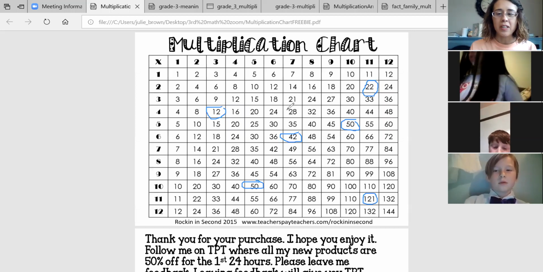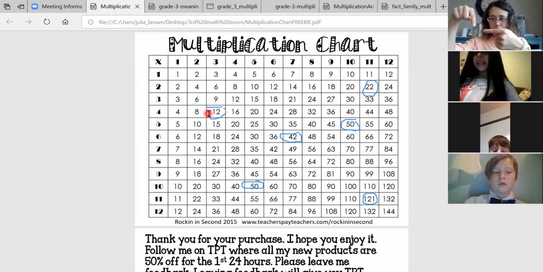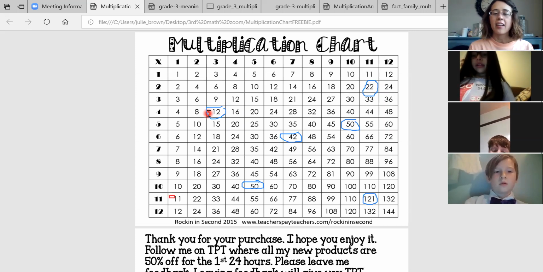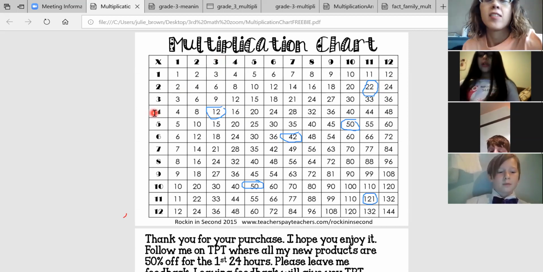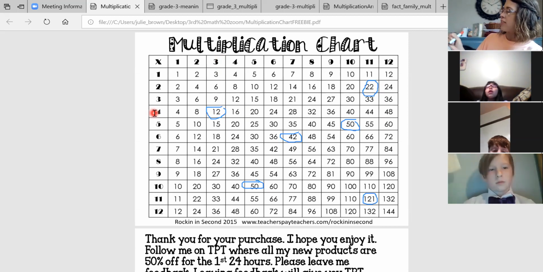Let's look at what we just did and work backwards for division. So if I'm looking at 3 times 4 is 12, I could also say 12 divided by 3 is 4. We're using a fact family and just working backwards.